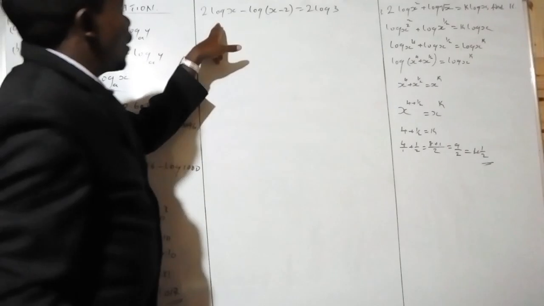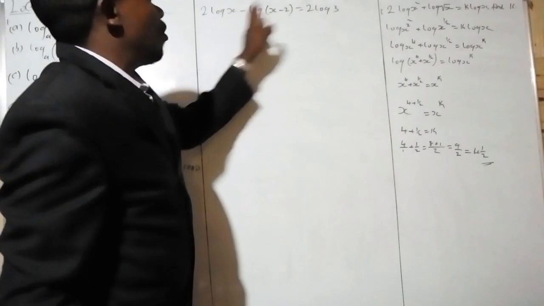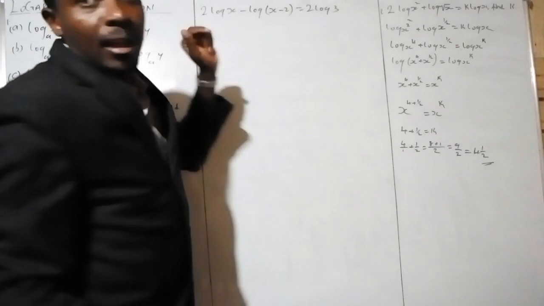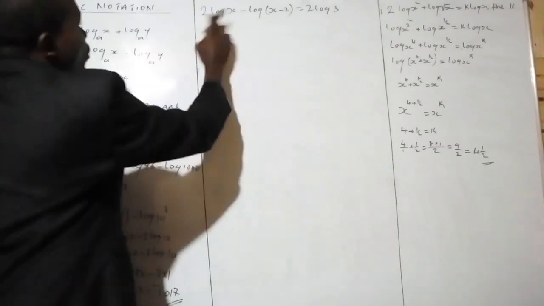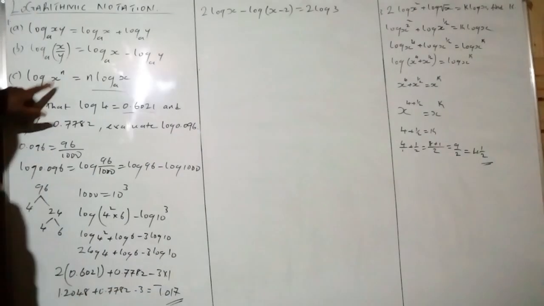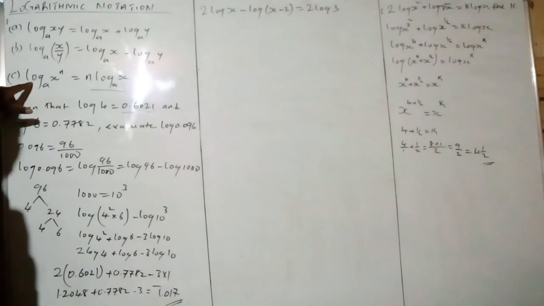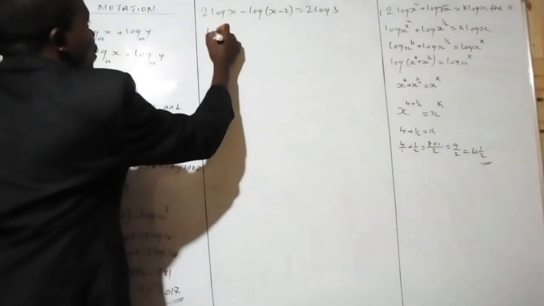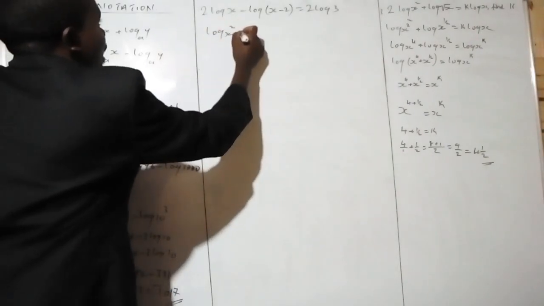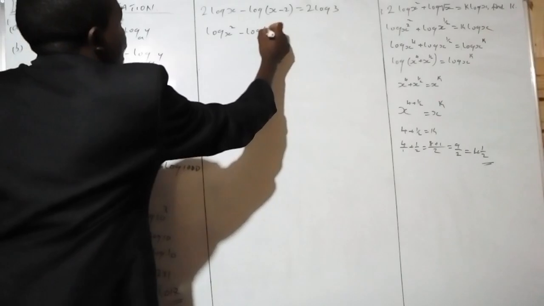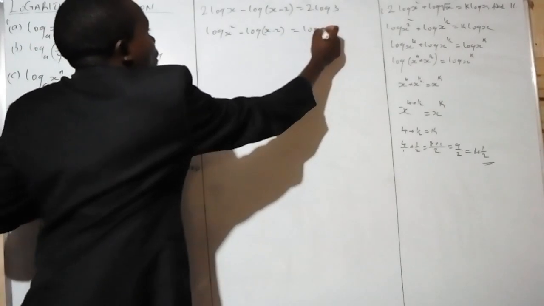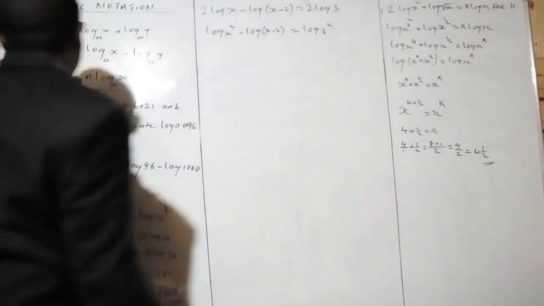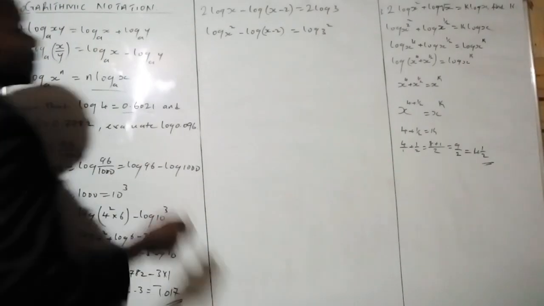You can solve directly and say 2 log x is in the form of that rule of logarithm. You can start with the log x squared minus log of x minus 2 is equal to log 3 squared. Here in this way, we have minus.